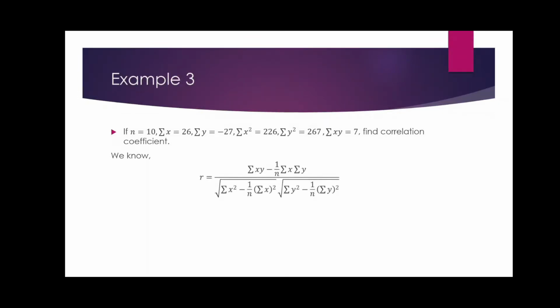This is the formula. It looks very scary, but all you need to do is the calculation very carefully. Let us put all the values and let your calculator do the rest, and the value comes out to be 0.4403. You can just round it off to two digits, that is 0.44.